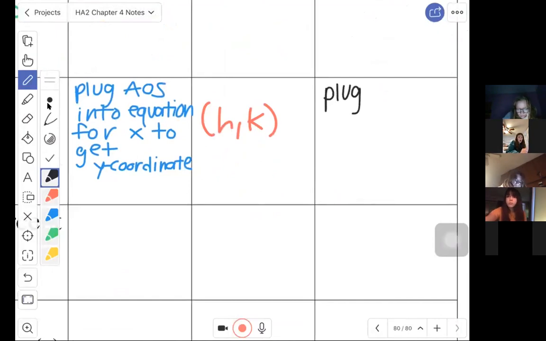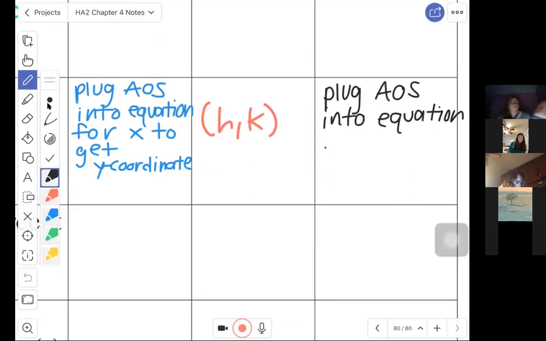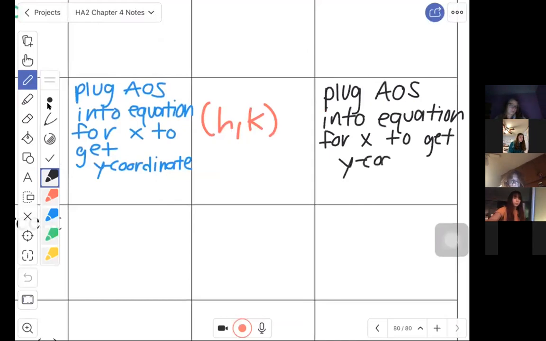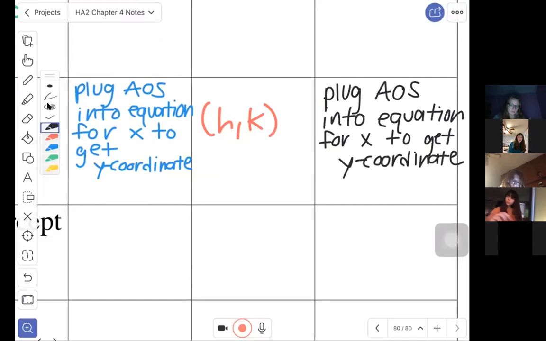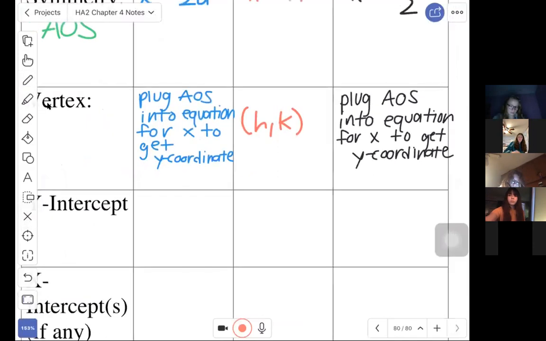We'll plug that axis of symmetry into equation for x. So you get that y coordinate. And remember those vertexes you have to write as an ordered pair.